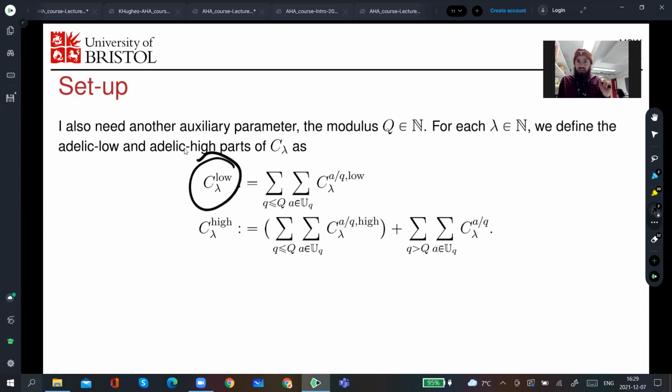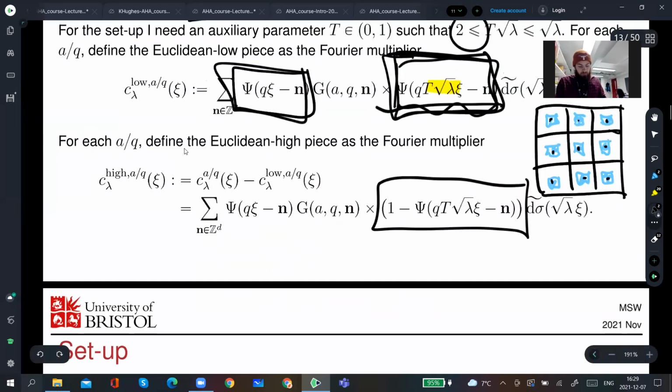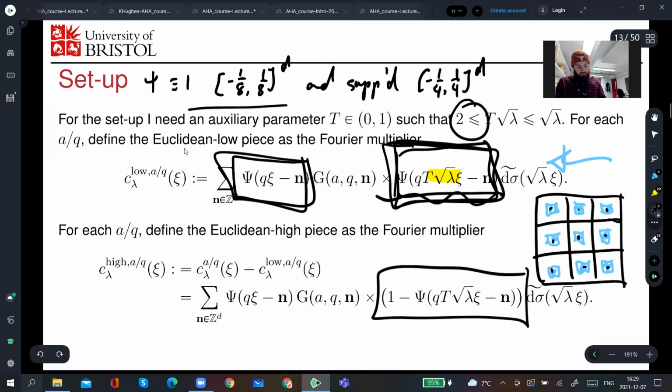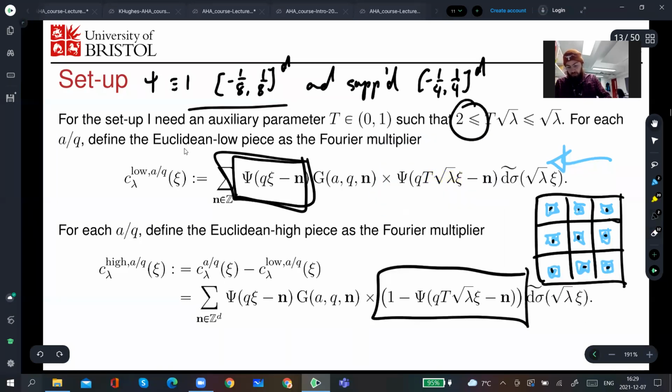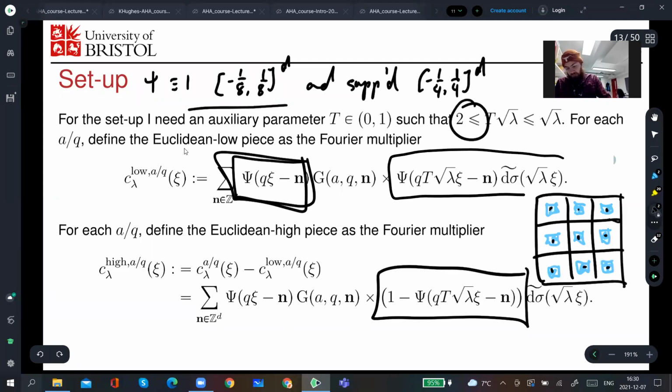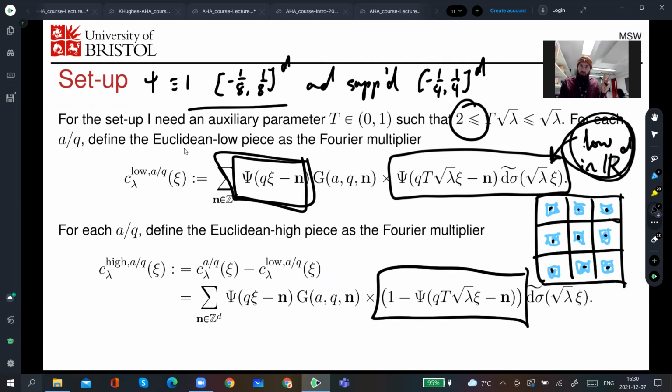I actually need to talk about high and low in another respect. So going back to that, this definition of low and high is really only caring about, as I've tried to indicate by putting it next to the spherical measure, what's happening in the real place. This is low in R^d. But I actually want a dilation picture of this.